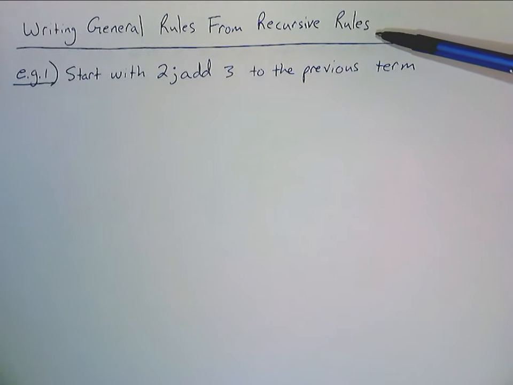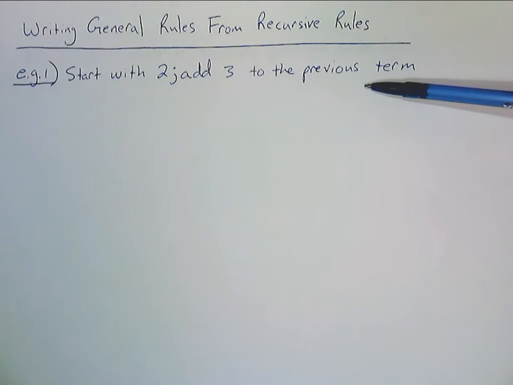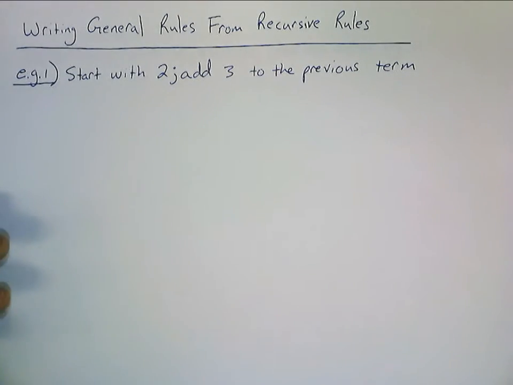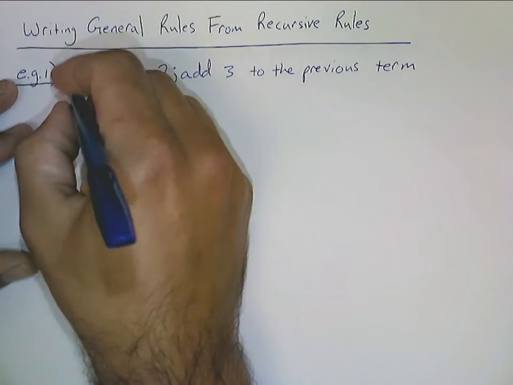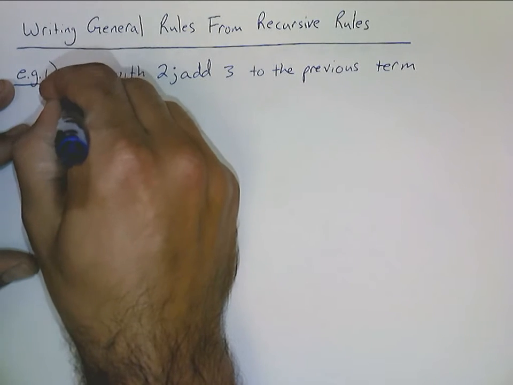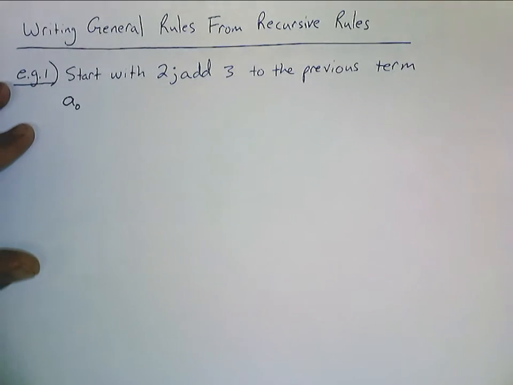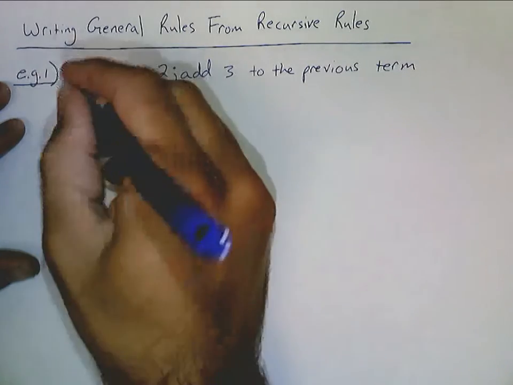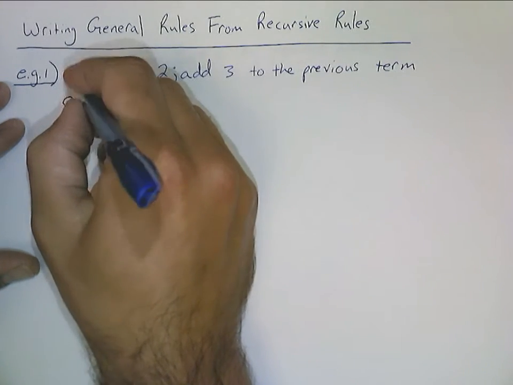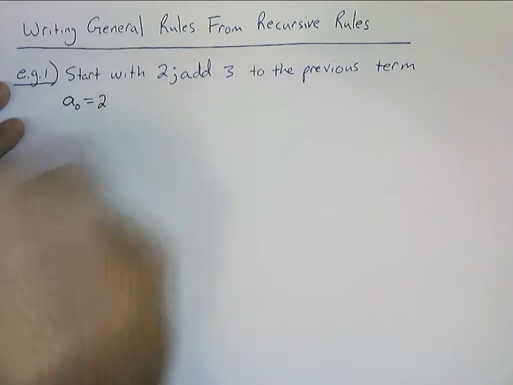So we're just going to do a couple of quick examples. The first one, here's a recursive rule. Start with 2 and add 3 to the previous term. So if we want to use our subscript notation, that means that our a sub 0, the 0th term in the sequence, really meaning the first one, but we're starting with 0 here, just for simplicity's sake, is going to be 2.